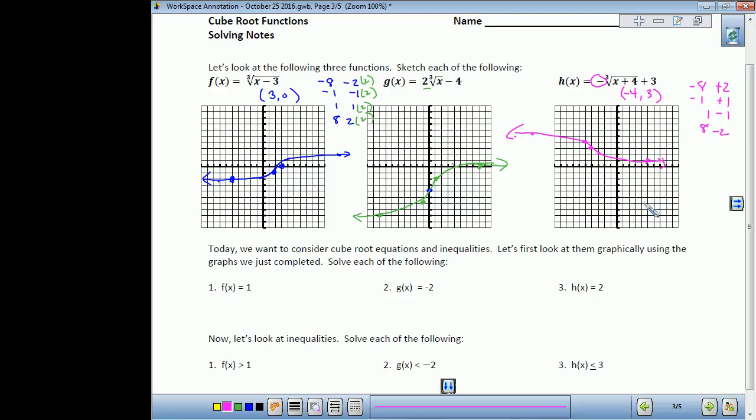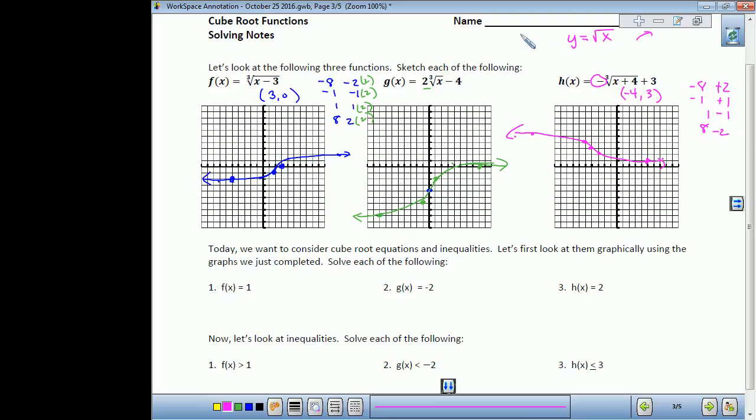Can there ever be a negative inside the root side? Sure. No, I'm saying like right before the x. Yep. What does that do? On this one, it doesn't look any different. Remember, we studied the square root, and with square root, if we did it like this, it opens this way.